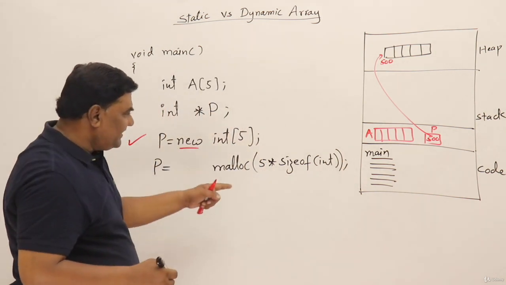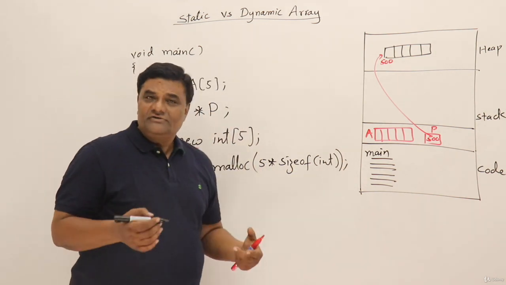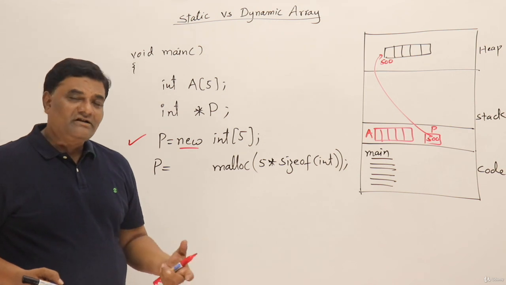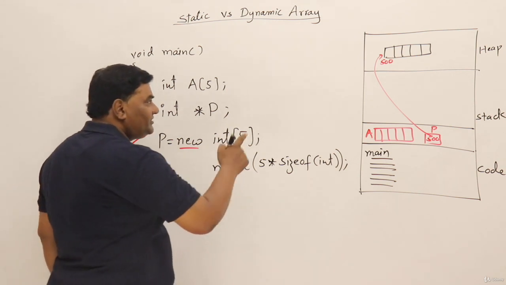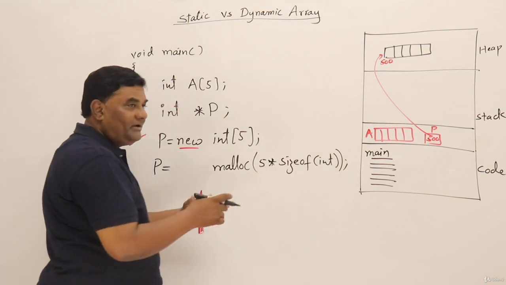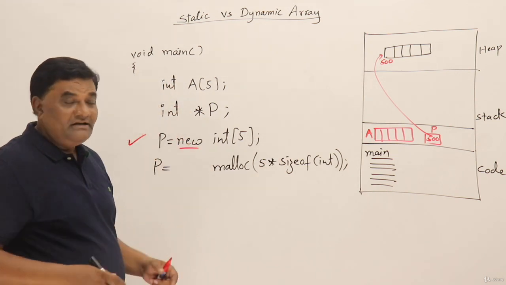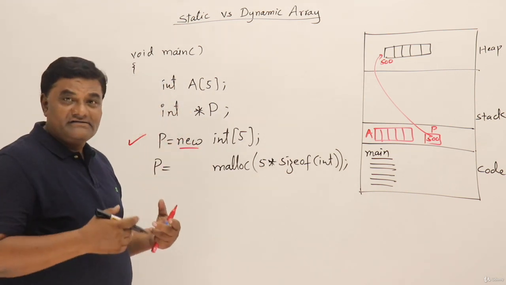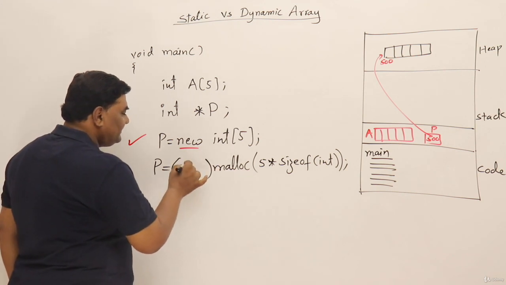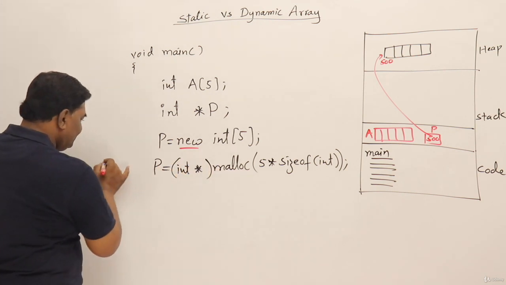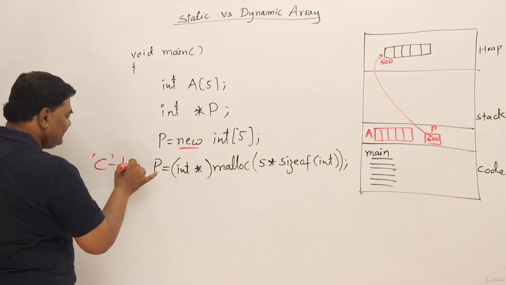Instead of mentioning 2 bytes, we mention sizeof, so that depending on the system or compiler, it takes that size. Then the malloc function will allocate just raw memory, just a block of memory. Now that memory we want to use as integer, so we have to typecast it as an integer pointer. So this is in C language and this is in C++.